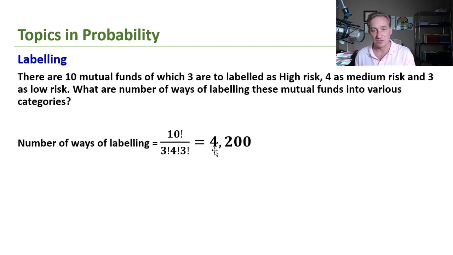And so this can get rather large, in this case, 4,200 different ways to label according to that multinomial formula.